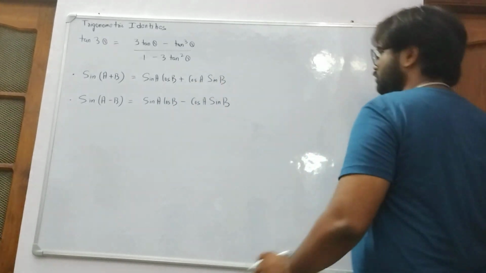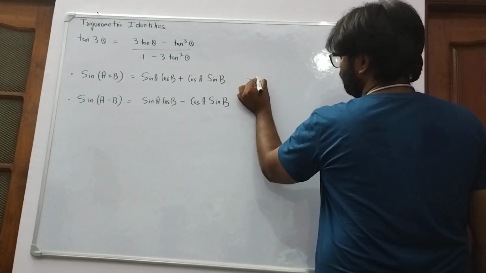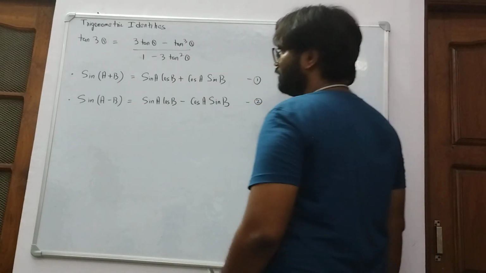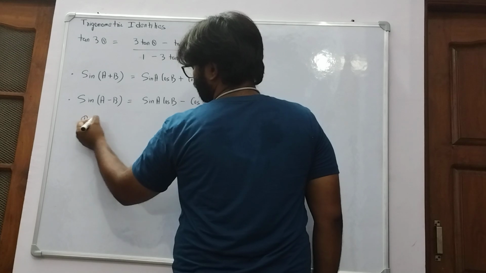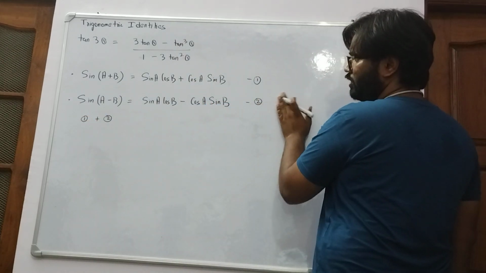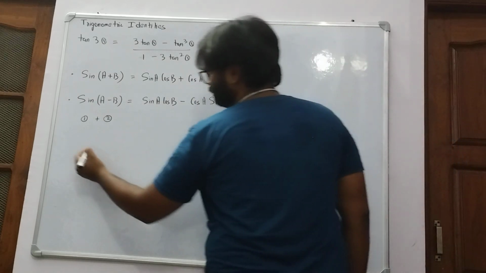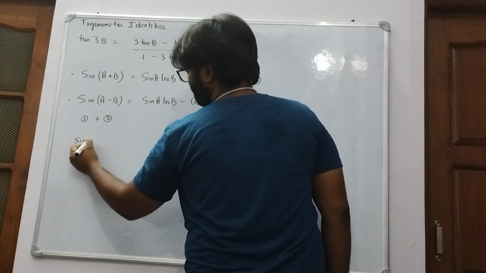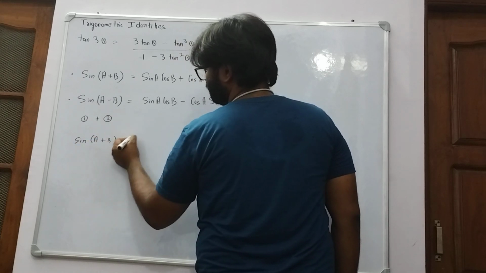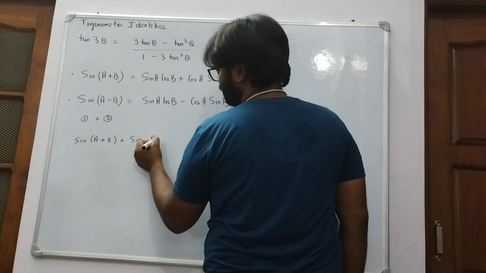Now let's go. Consider this: this is your equation number 1, and this is your equation number 2. If we simply add both the equations, the LHS which we will get is sin a plus b plus sin a minus b.